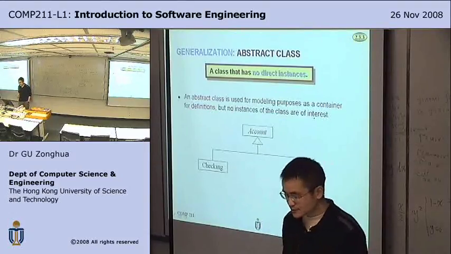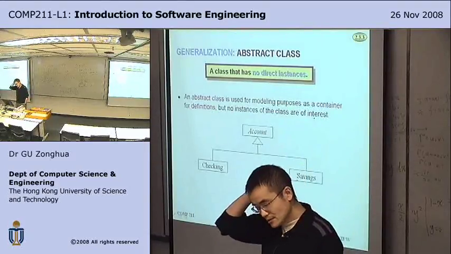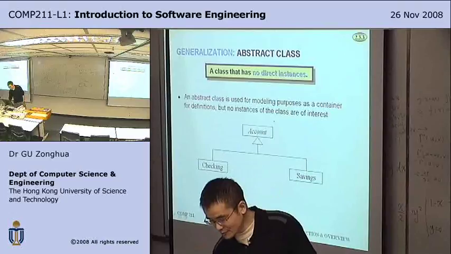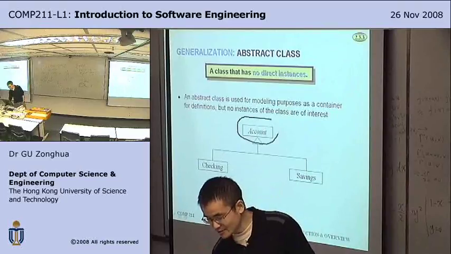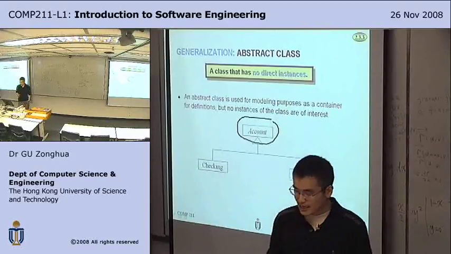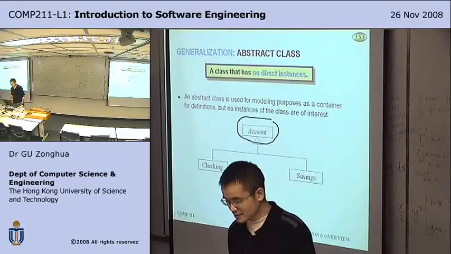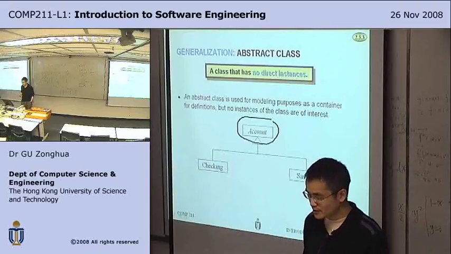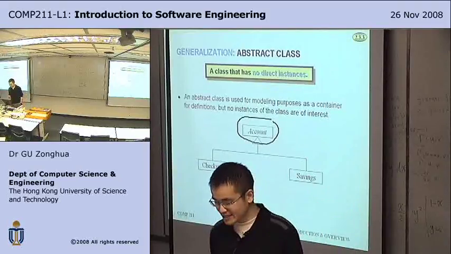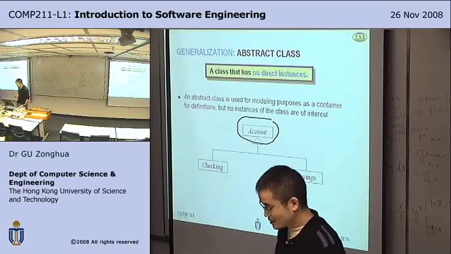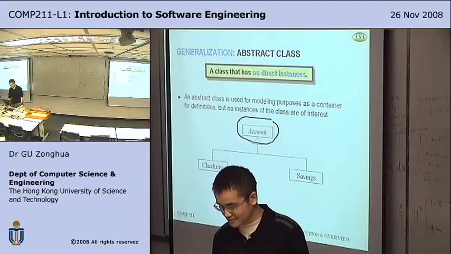Abstract class is shown with this italic font. It means that it's a container for definitions, but you cannot instantiate objects from this class.